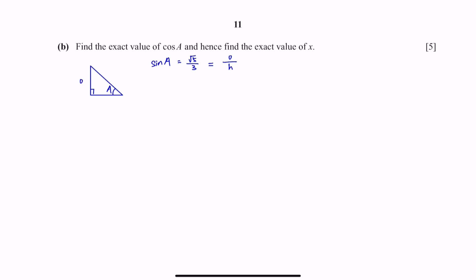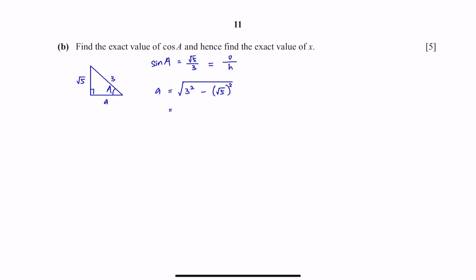This is the opposite, this is the hypotenuse. So we know that the ratio should be root 5 and 3 over here. And we can use the Pythagoras theorem to find the adjacent. So we have adjacent equals the square root of 3 squared minus root 5 squared.